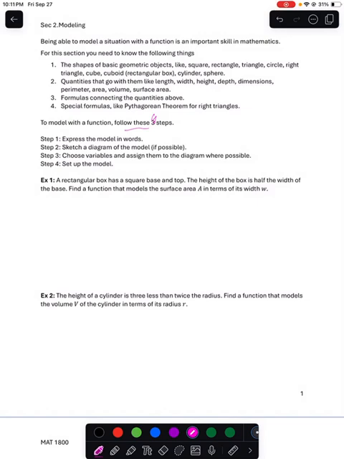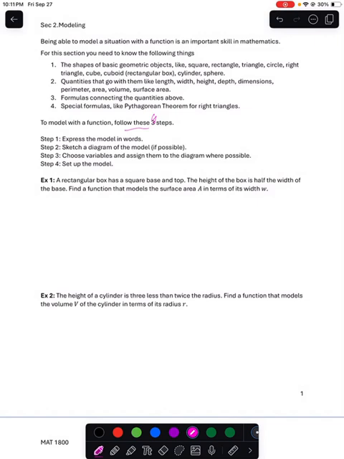But your job will be to recognize what shape is being used in that problem, then draw the shape, and then decide variables, and if possible place them in the drawing that you made. And then the next step is to set up the model. And how do you set up? That's where the equations come in.